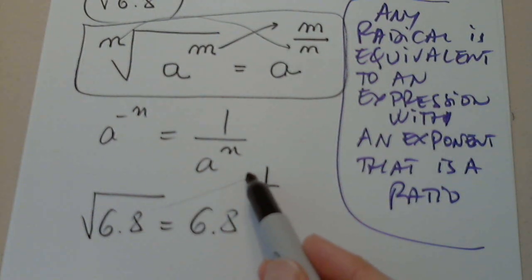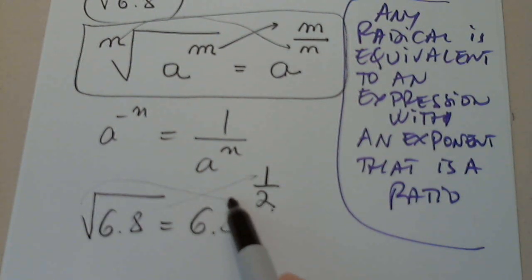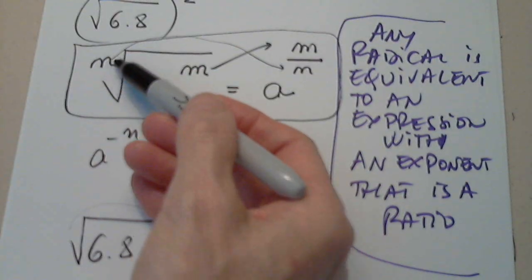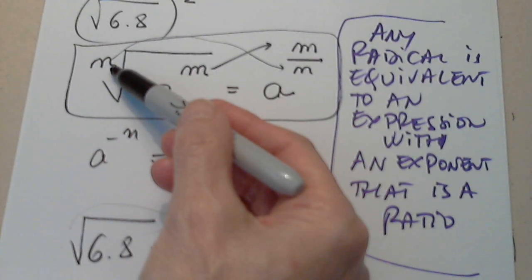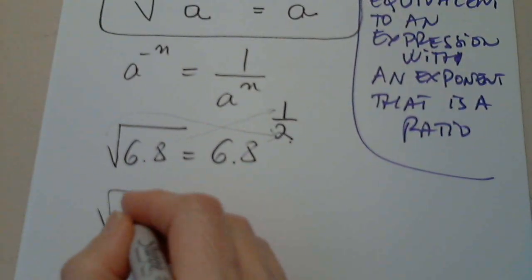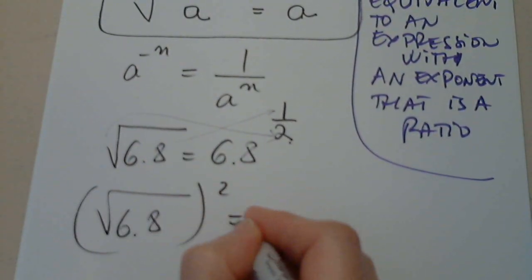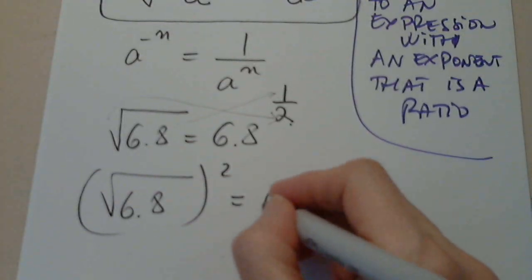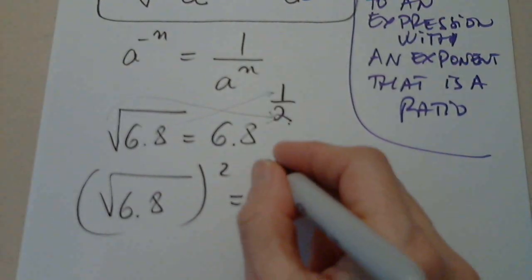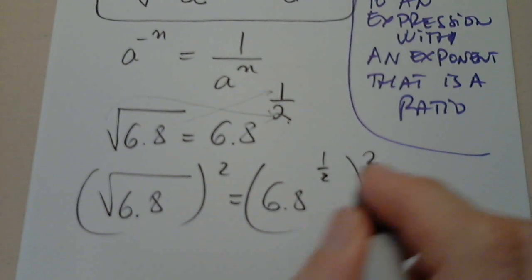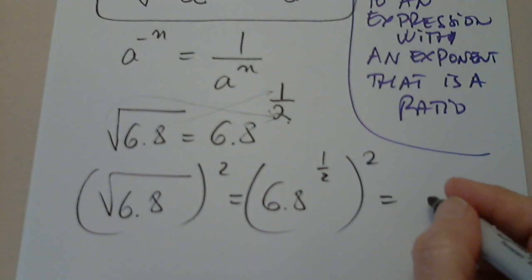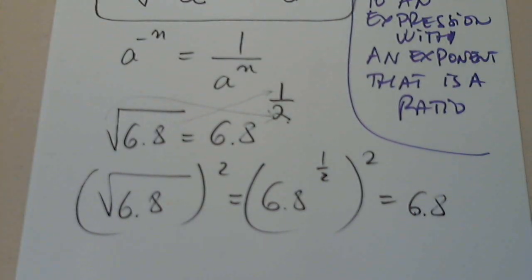The power is 1, the index is 2. So now when I square this, I basically have 6.8 to 1/2 everything squared. And I know the exponential rules. I copy the base, and what happens to the exponents?